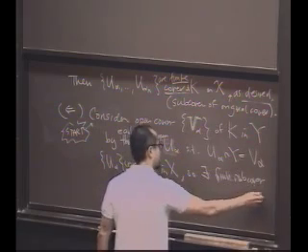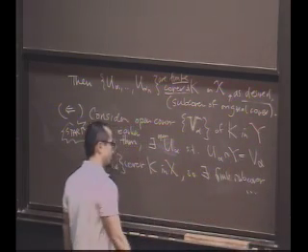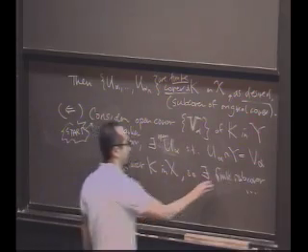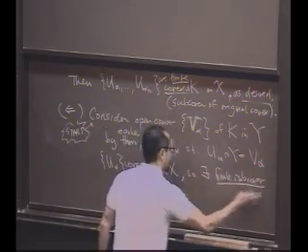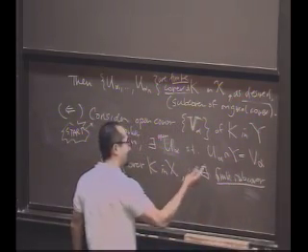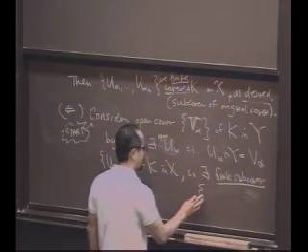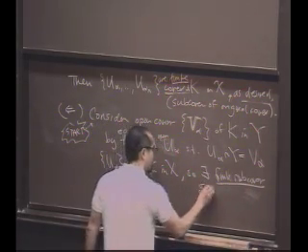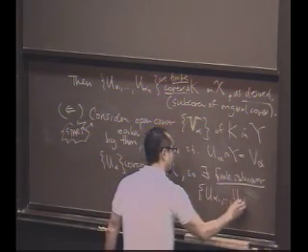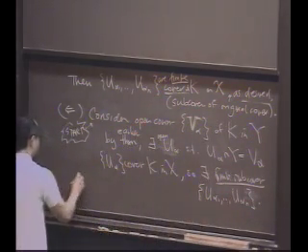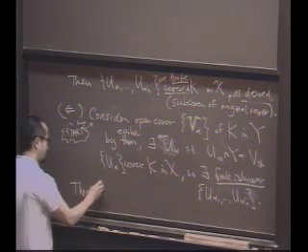So there exists a finite subcover, which we're going to call U alpha 1 through U alpha n. Then, okay, this is enough for a sketch.